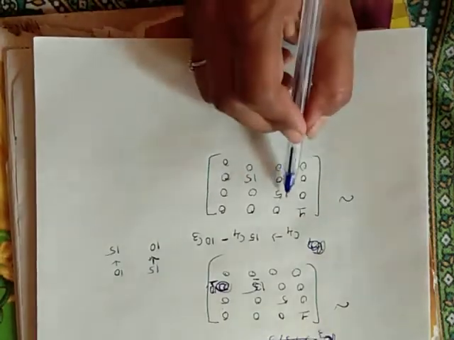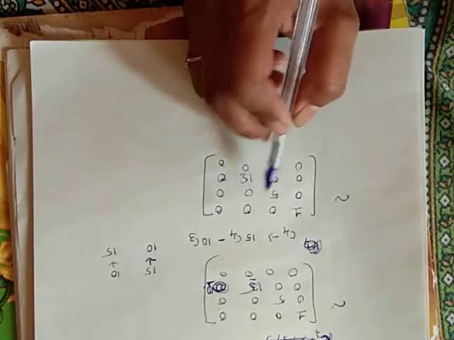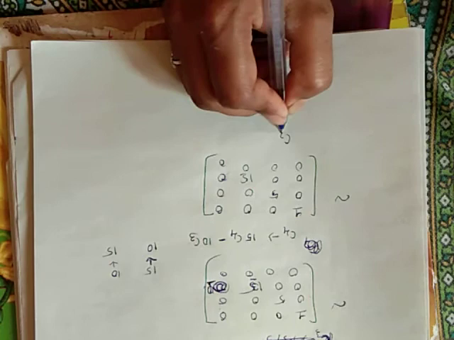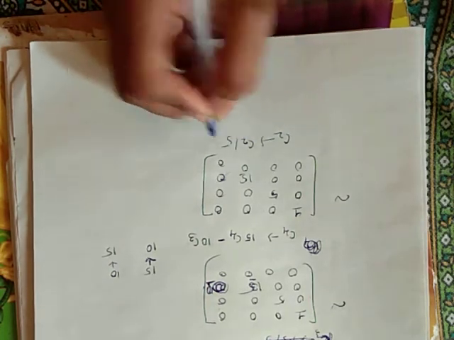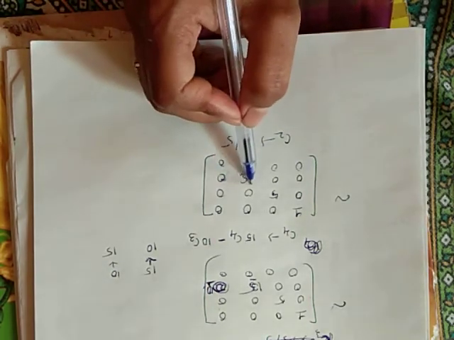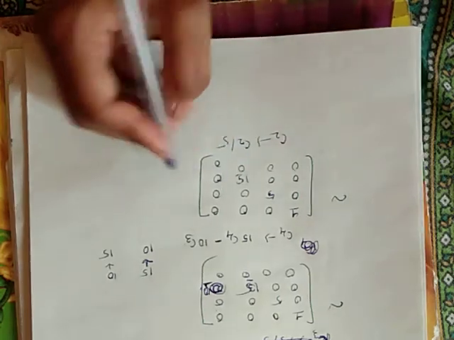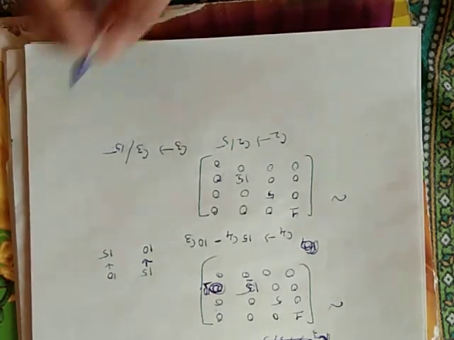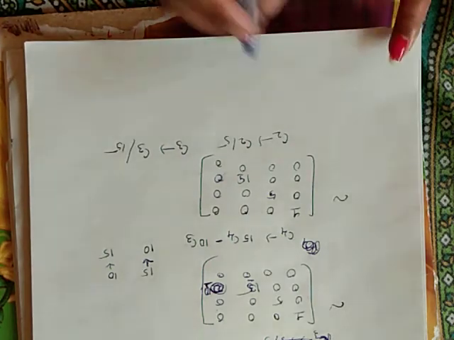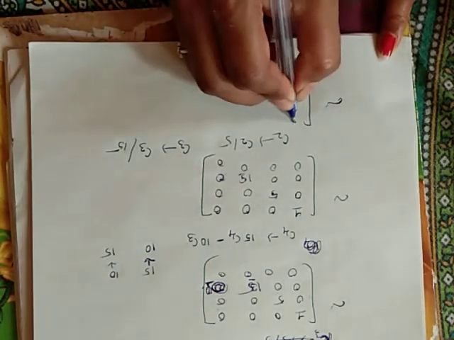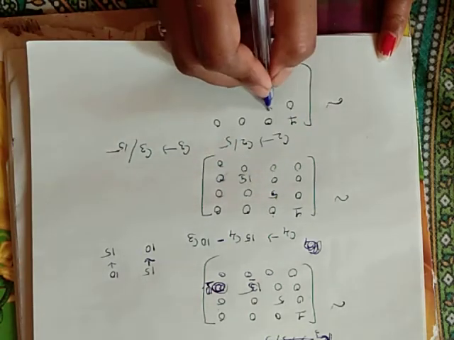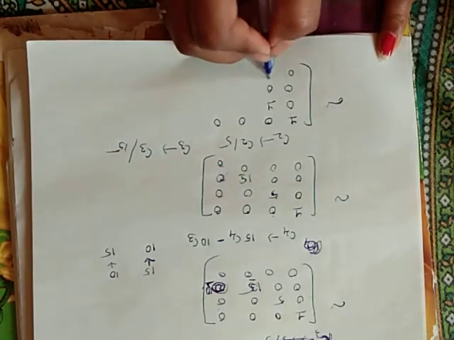Now make all the leading terms 1, so convert this to a 1. Divide the entire C2 by 5. C2 divided by 5, convert this to a 1. C3 equal to C3 divided by 15. Now your matrix is equal to 1 0 0 0, 0 1 0 0, 0 0 1 0. All these terms are divided by 5, converted to 1.